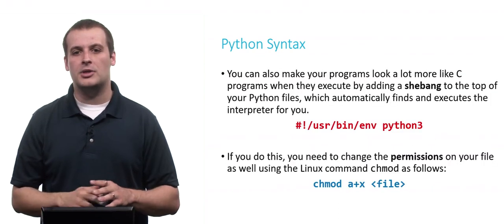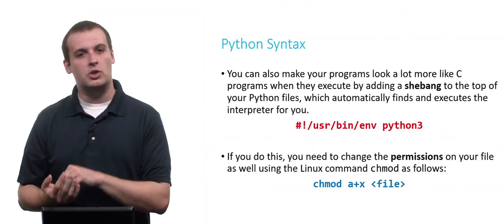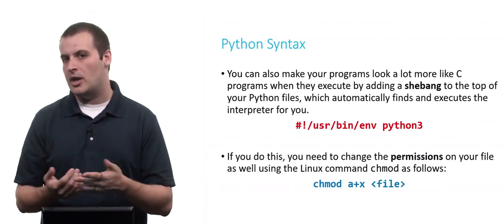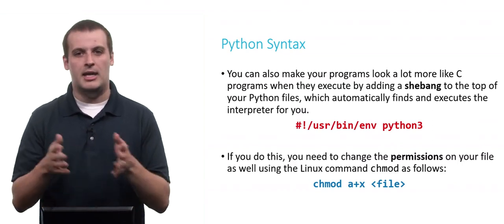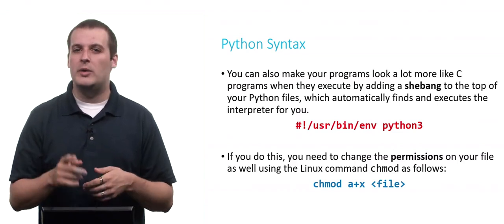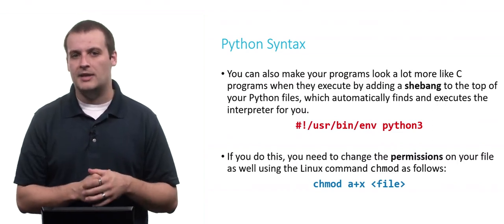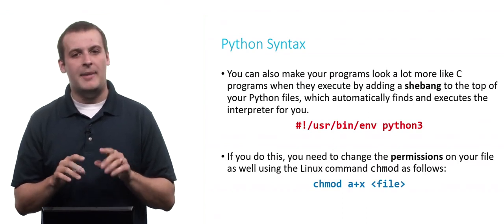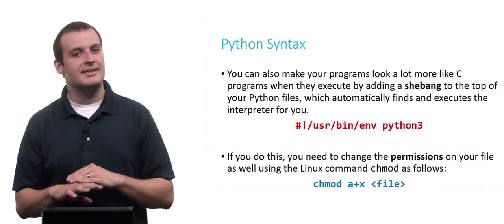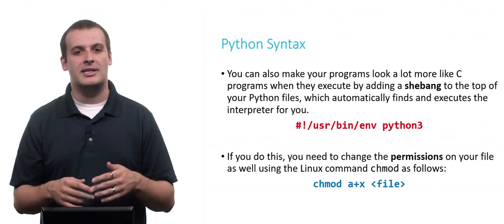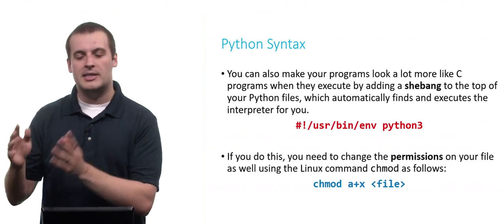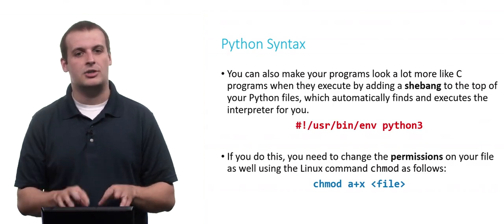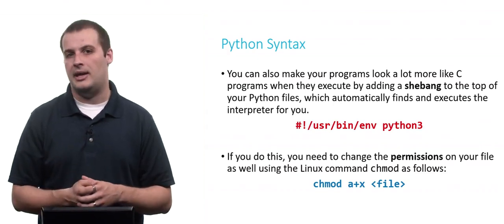And if you really want to make your Python programs look and run a lot more like C programs, for example, in C, once we compile a program, say we make hello, we then have ./hello, we can include this line in red at the very top of our Python file, and then we can execute the line in blue after we're done saving the file. And then, instead of typing python and then whatever we want to call it .py, we could just write ./blah, blah, blah .py.